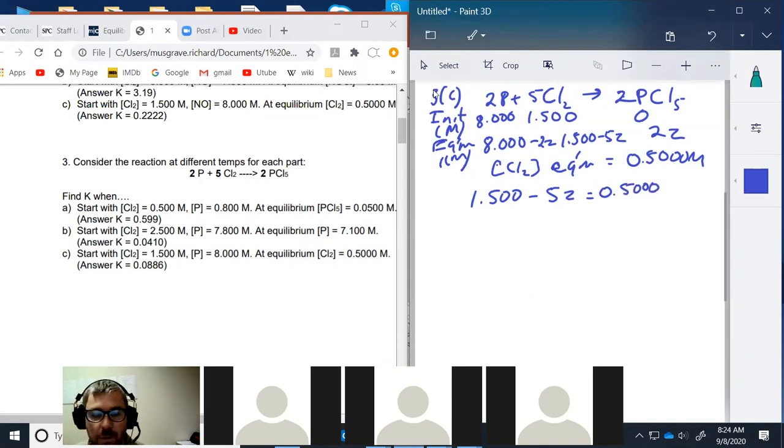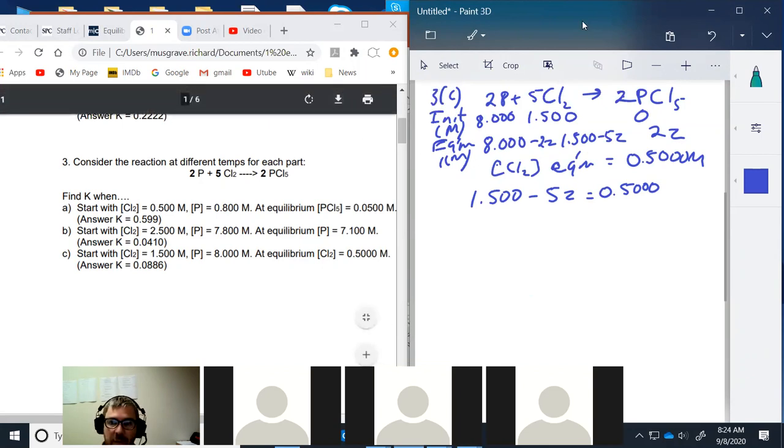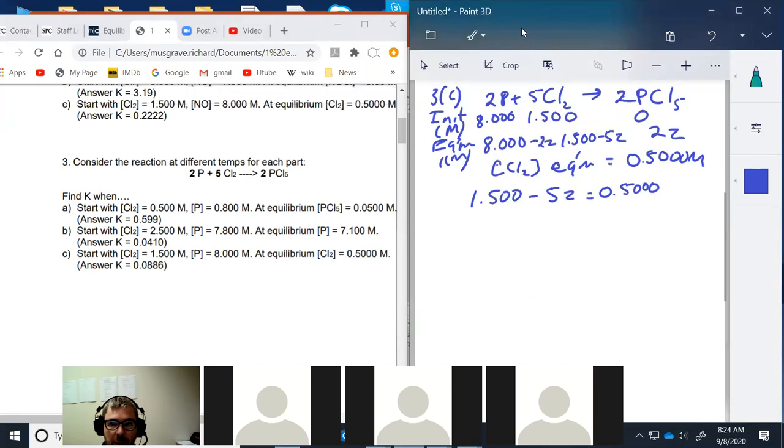All right, what I want you to do, I want everybody to do this. And I'm going to set up a little poll here as well. So what I want you to do is figure out and solve for z, please. Solve for z. And while you're doing that, I will be setting up a poll.